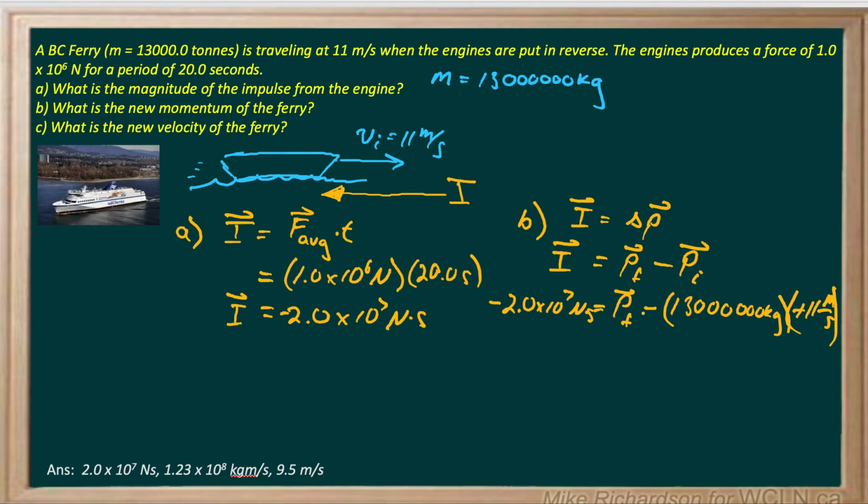So when I do the math, I'm going to take 13 million and multiply it by 11. And whatever that is, because it's subtracted on the right, I'm going to add it to my negative number on the left. So my answer looks like this. Negative 2 times 10 to the 7 plus whatever, 1.3 times 10 to the 7 kilograms, 13 million kilograms, I think I've said it wrong a couple of times here, all of that will equal P final.